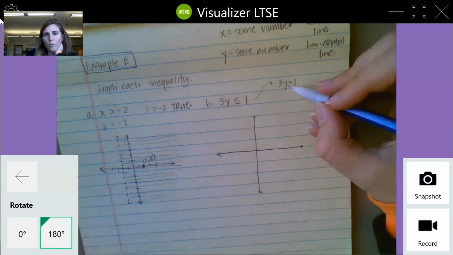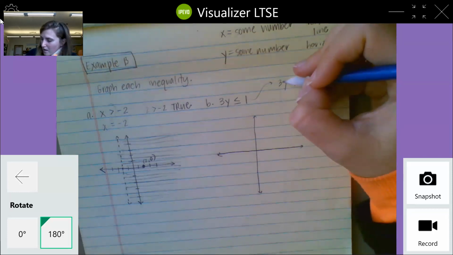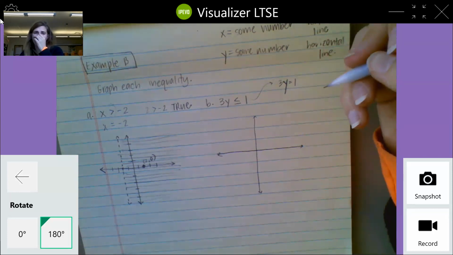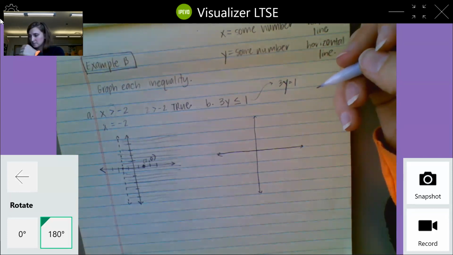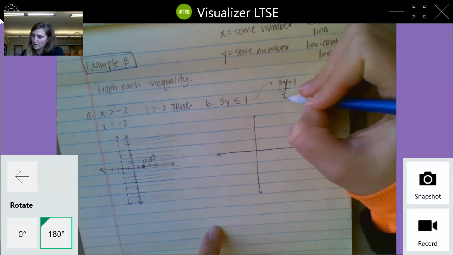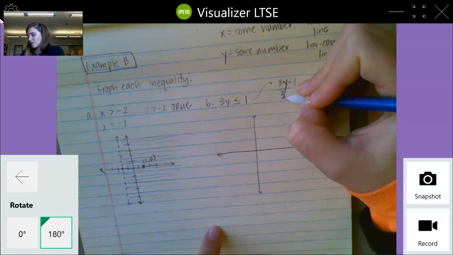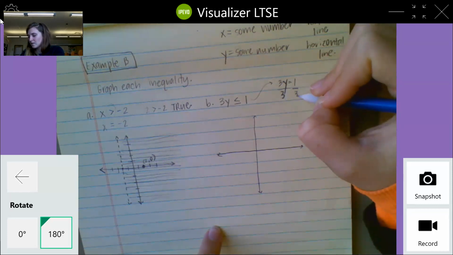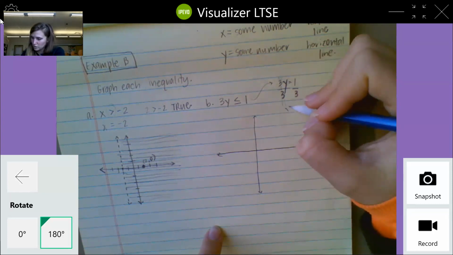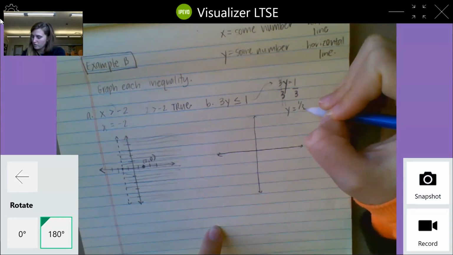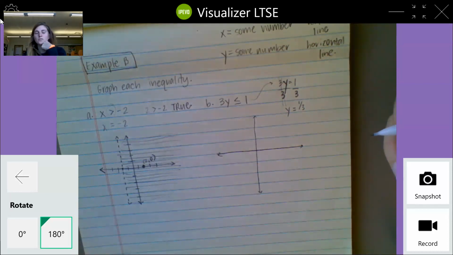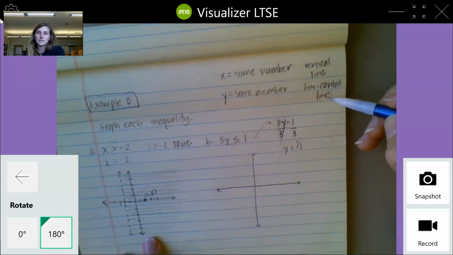And I'm going to solve for y so that I can have my equation in that intercept form. So if I solve for y, I need to get rid of this 3, which means I need to divide this side by 3 and the other side by 3. These threes cancel out, and I'm left with just y equals 1/3. Y equals 1/3, which again is going to be a horizontal line.